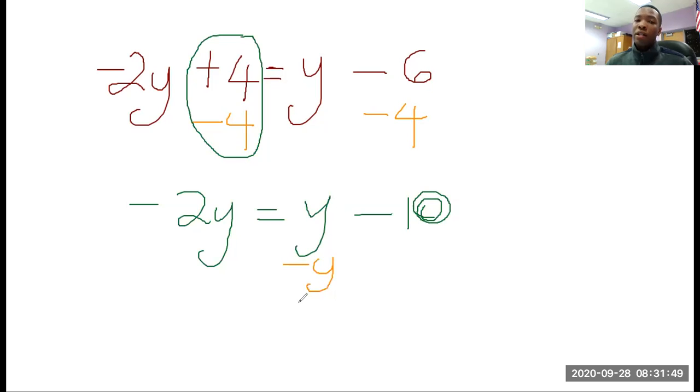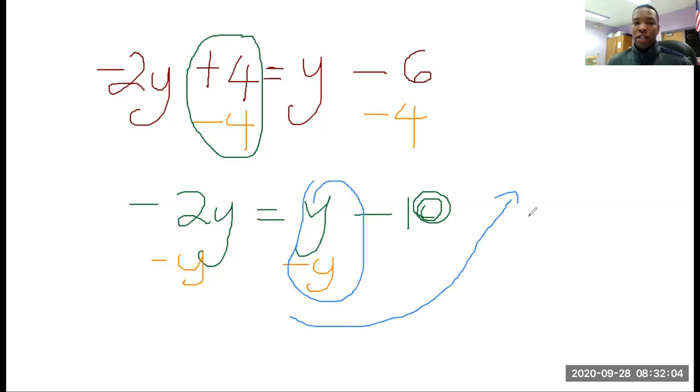And whatever you do on one side, you do it on the other side. So again, this right here is 0. I'm going to write it up here so that we see. So we have minus 2y minus y, which is minus 3y, is equal to minus 10.